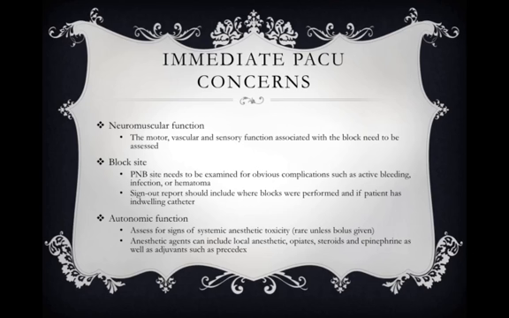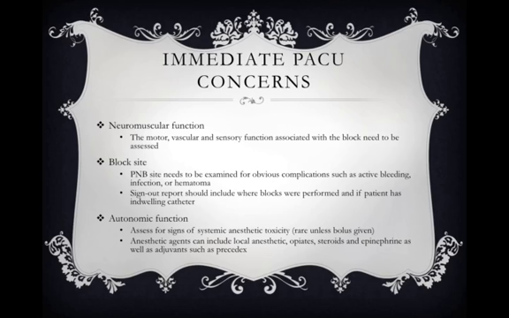You'd want to look at the block site and check for obvious complications such as active bleeding, infection, or a hematoma. And once you get sign out from your provider, you need to make sure where exactly the block was performed and if there's an indwelling catheter associated with the block.